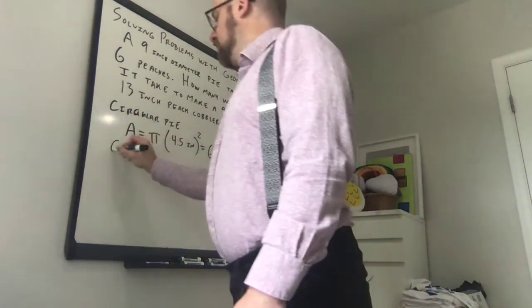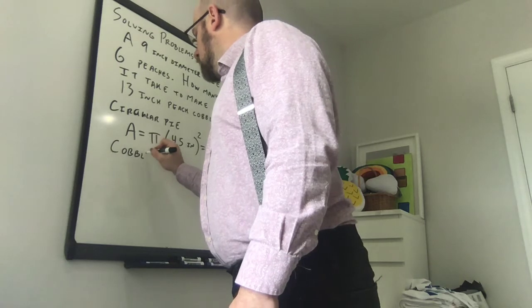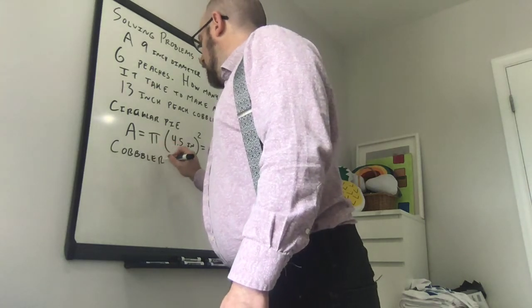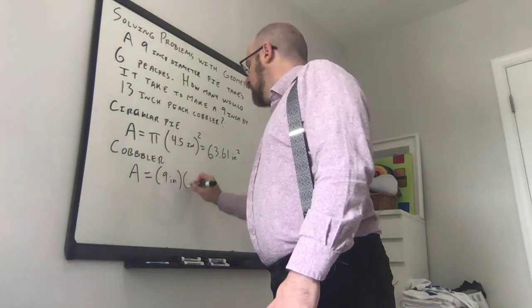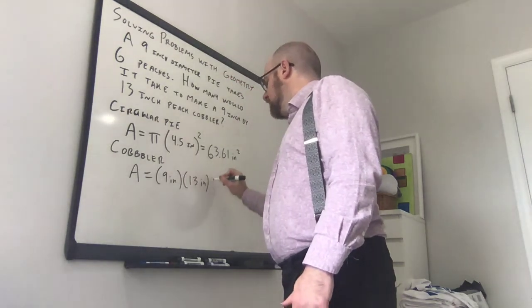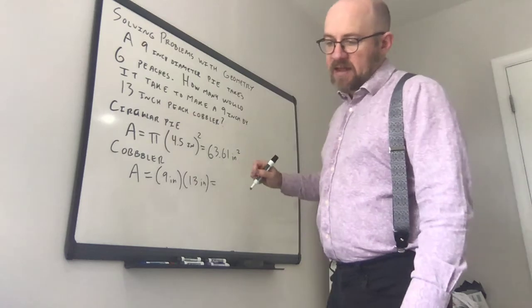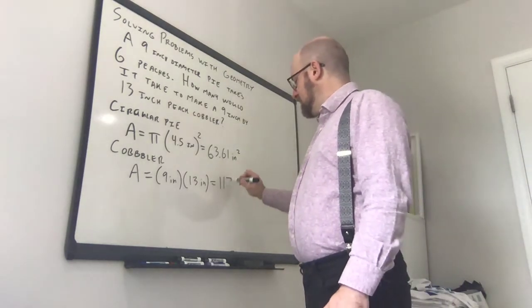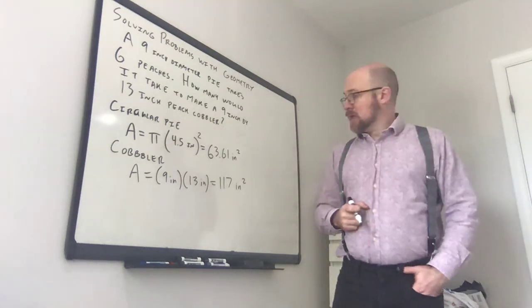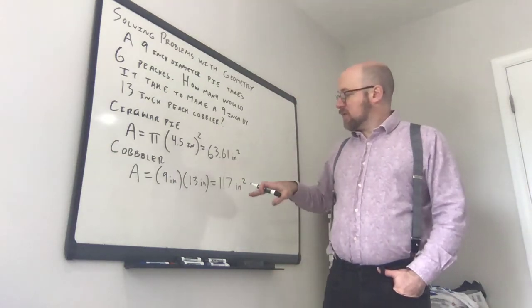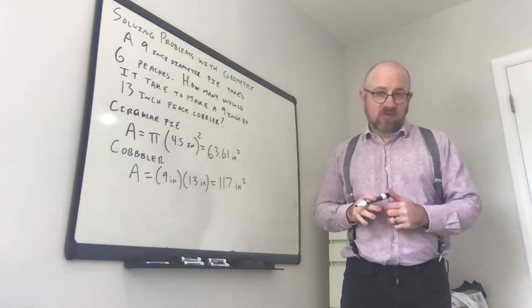For the cobbler, area is easier. It's 9 inches times 13 inches, length times width, and that is 117 square inches. So 63.61 square inches, 117 square inches.